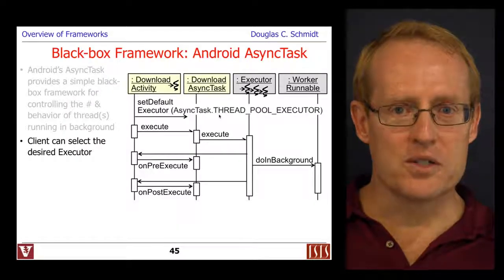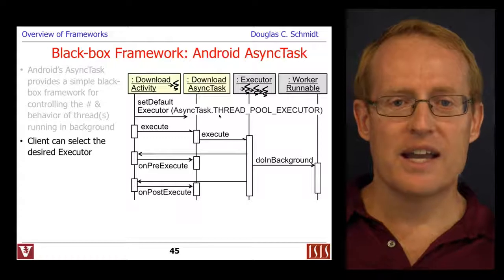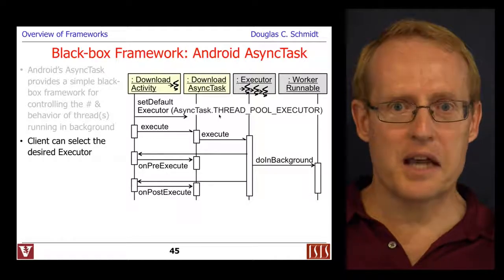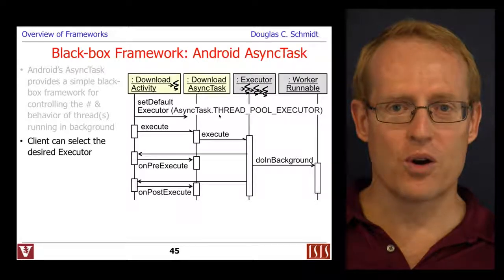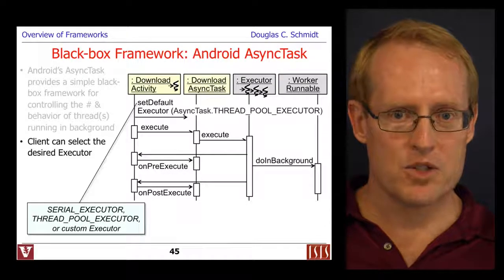So what you can do is a client, such as our download activity or other activities, can select the desired executor. An executor is basically an abstraction for multi-threading, and you can select a number of different strategies to use.